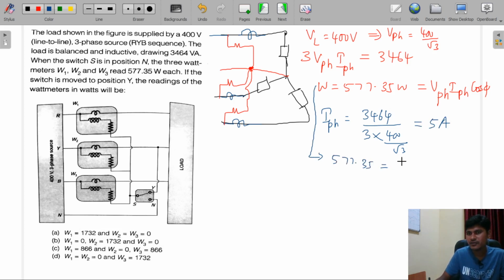From this, 577.35 is equal to V phase times I phase times cos phi. What is V phase? V phase is 400 by root 3. What is I phase? 5 into cos phi.